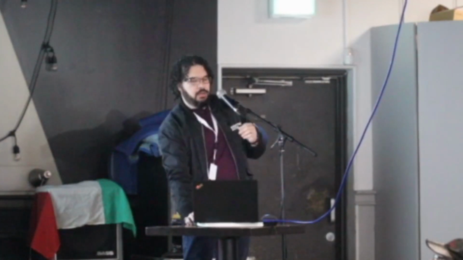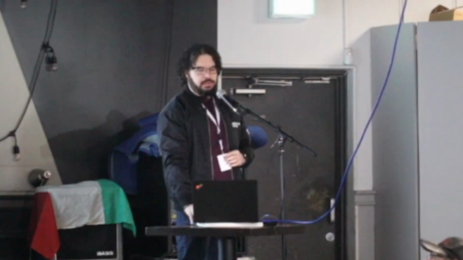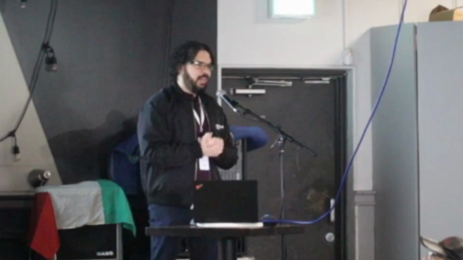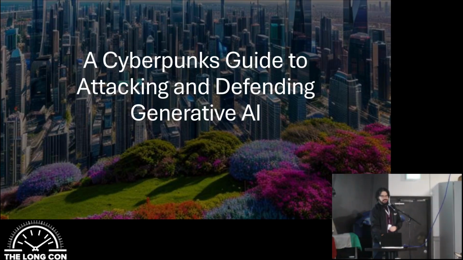So you can see hello, a bunch of red, which is that invisible prompt injection, and then world. Whereas what you and I see as human beings is just a simple hello world. So we're going to talk about that and more in this presentation. So put your hands together for a Cyberpunks guide to attacking and defending generative AI.